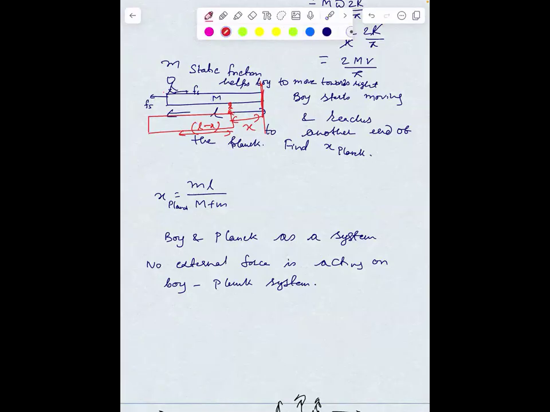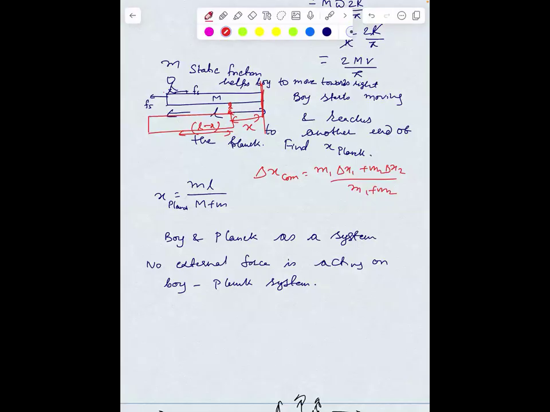So I can write the change, delta x center of mass, is equal to m1 delta x1 plus m2 delta x2 upon m1 plus m2.